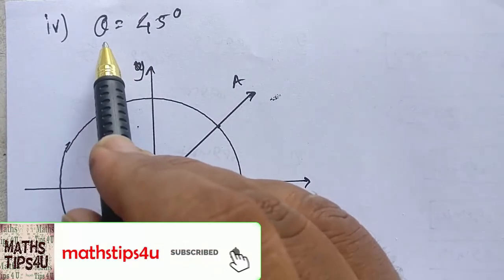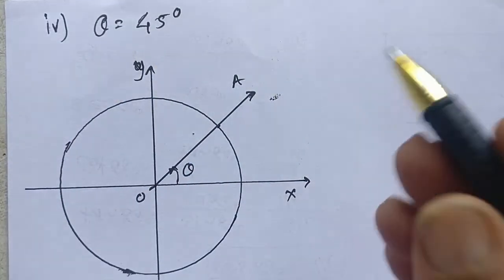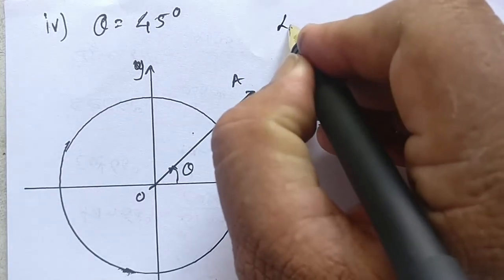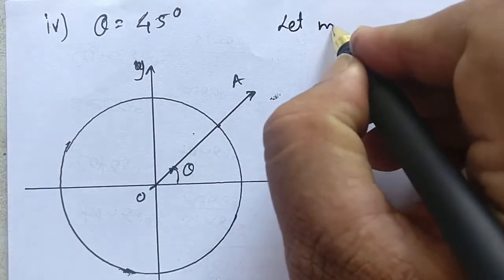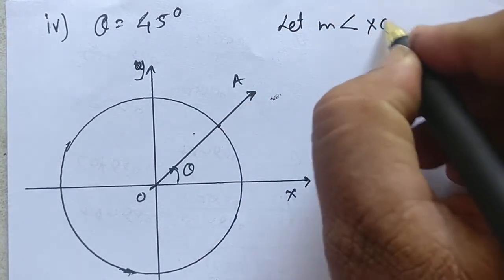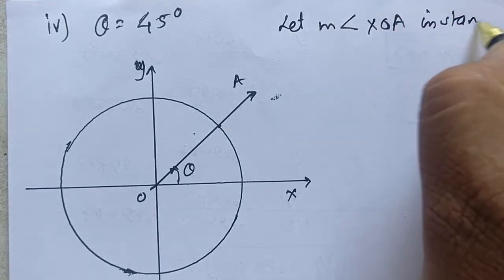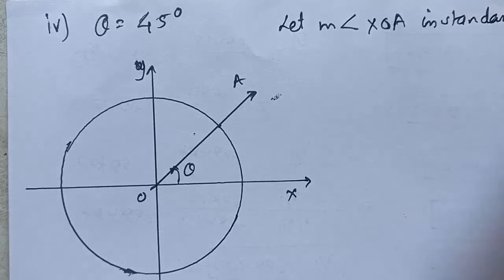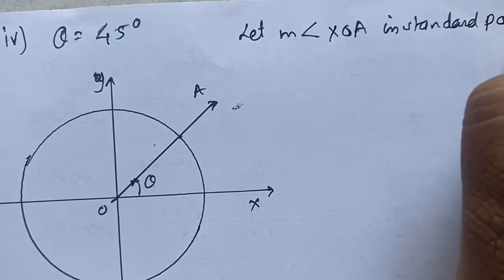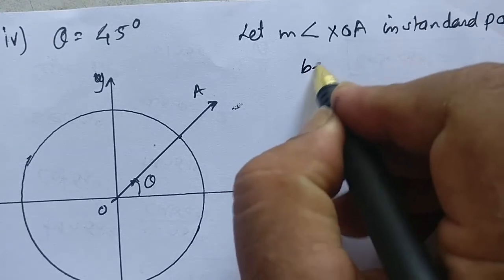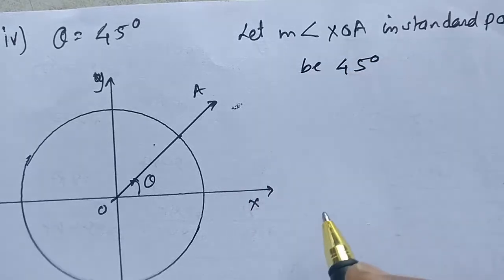Number 4, theta is equal to 45 degree. Let the measure of angle XOA in standard position be 45 degree.